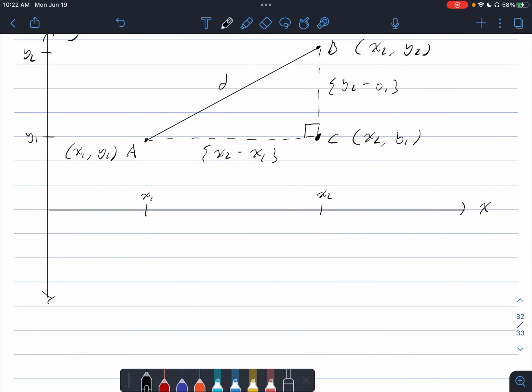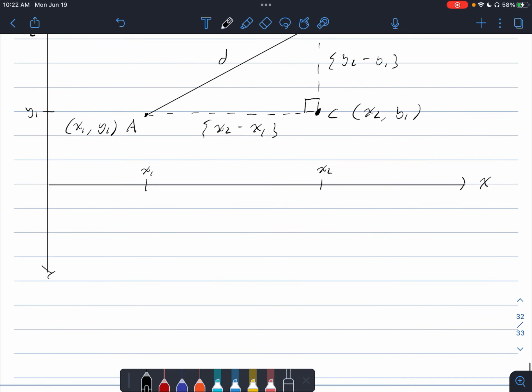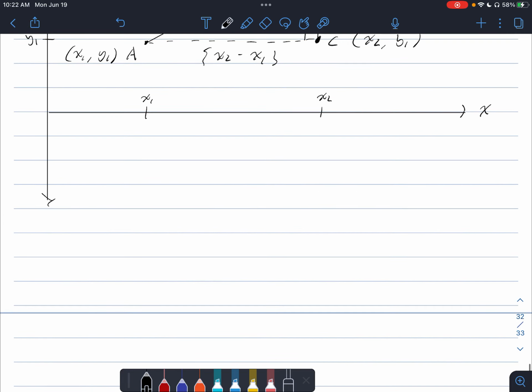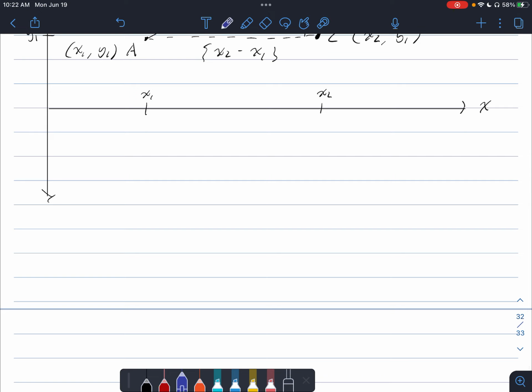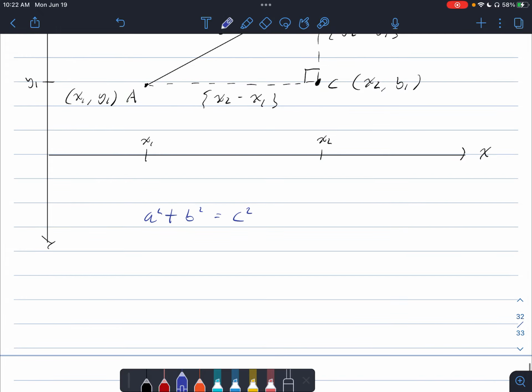So the next thing we have here is we can use the Pythagorean theorem in order to find our distance d. Okay? So if you remember correctly, the Pythagorean theorem states we can find the length of the hypotenuse by having, we'll use different letters here, little a squared plus b squared is equal to c squared, where c is the hypotenuse.